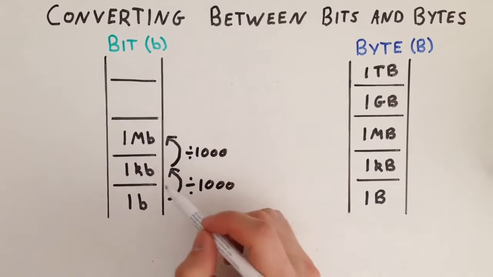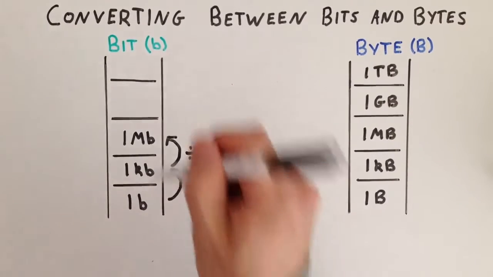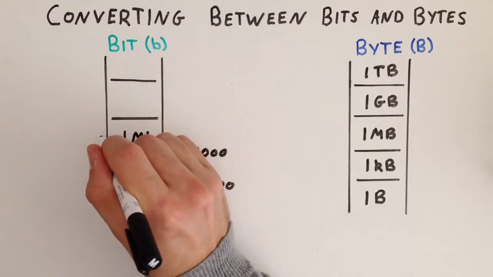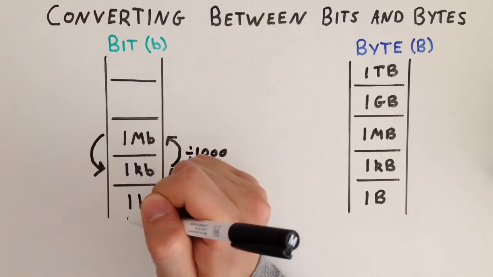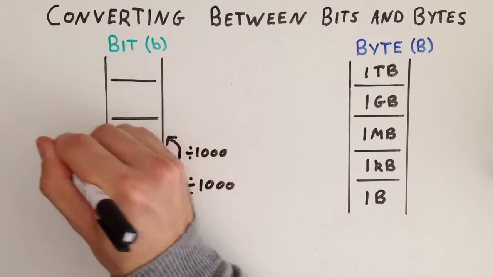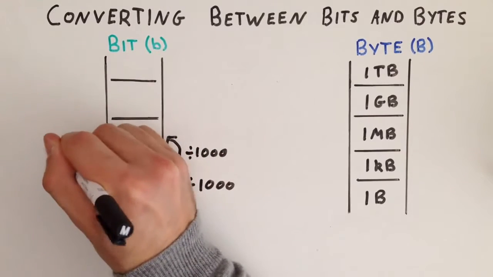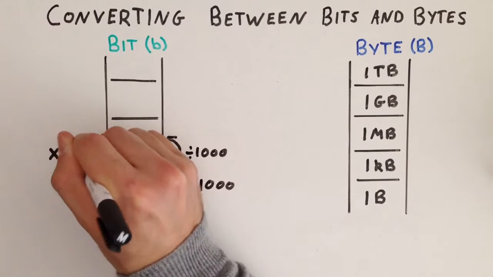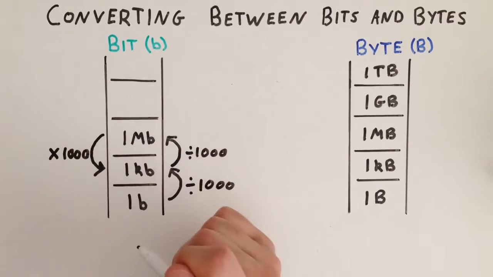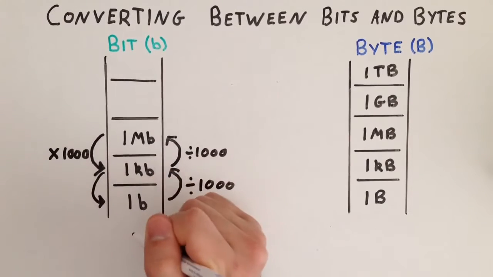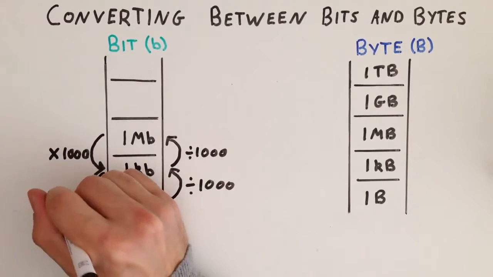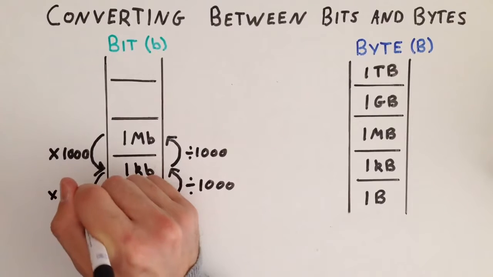So if we divide when going up the ladder, we multiply when we want to climb back down the ladder. So 1 megabit equals 1 times 1000 kilobits. And again, 1 kilobit is equal to 1000 bits.